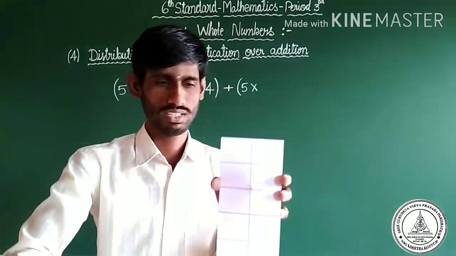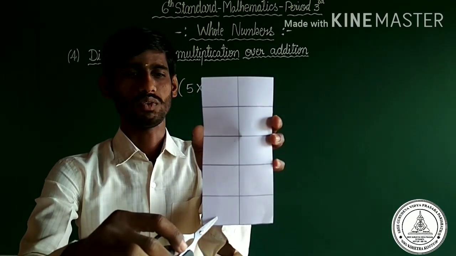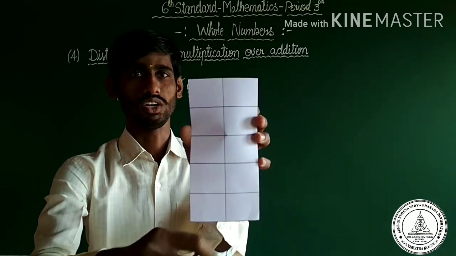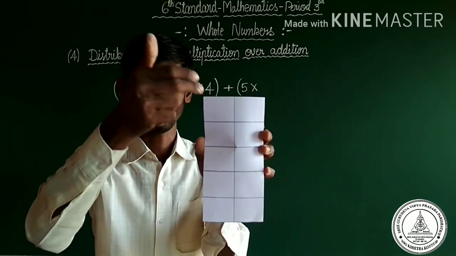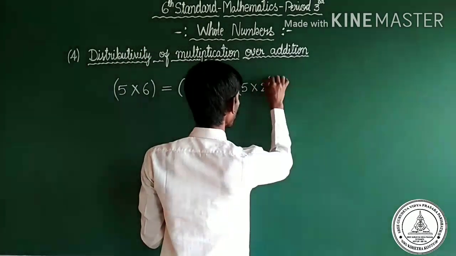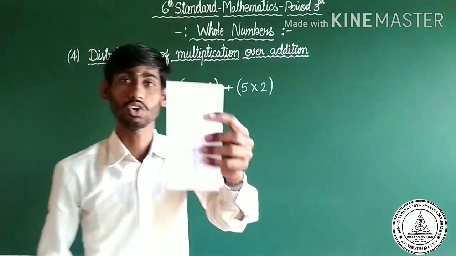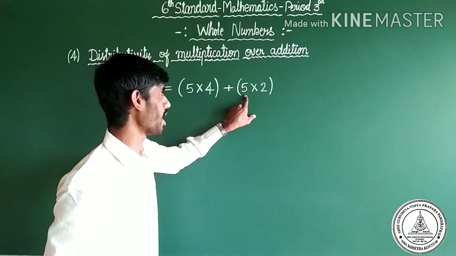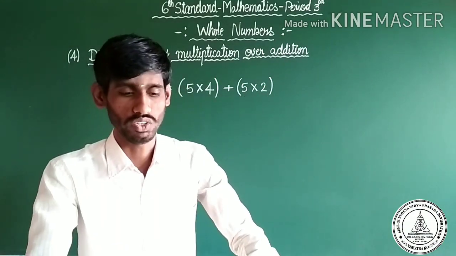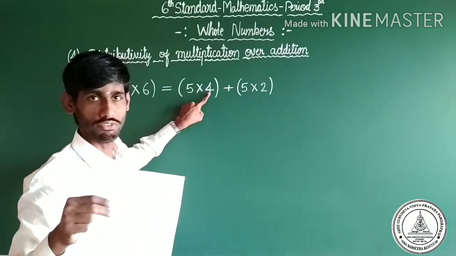Observe here. This is 1, this is 1, totally 2 columns. There are 2 columns. The columns and rows of this paper can be written as 5 into 2, and for the other paper as 5 into 4.